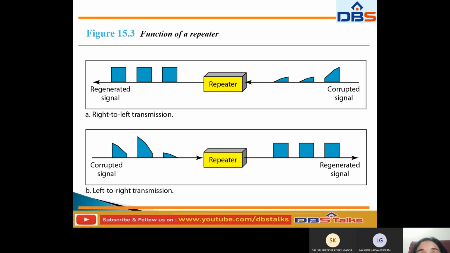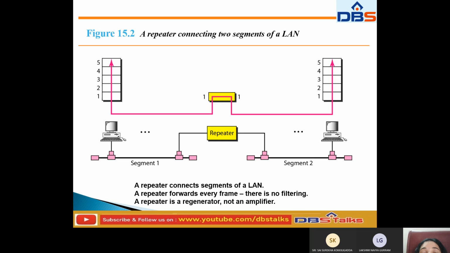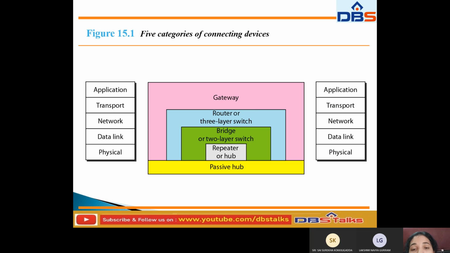In between the repeater, these are the corrupted signals. On the left side I have the corrupted signals, and on the right side I have the correct ones. These are the five layers. So once again I'm recollecting the point: connecting devices are divided into five categories.